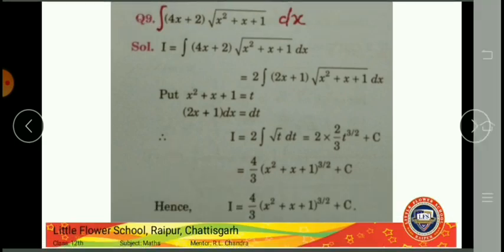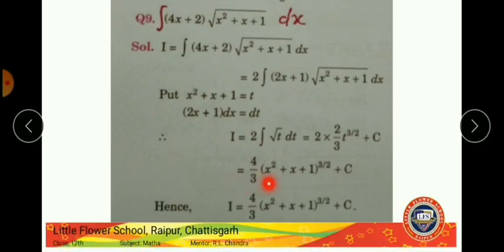Then I is equal to 2 integration root t dt is equal to 2 into 2 upon 3 t power 3 by 2 plus c. Using the formula integration x raised to n is equal to x raised to n plus 1 upon n plus 1, now it becomes 4 upon 3 t raised to 3 by 2 plus c.